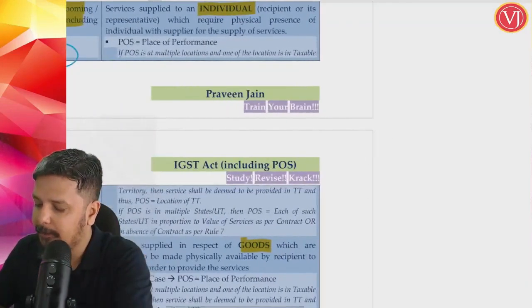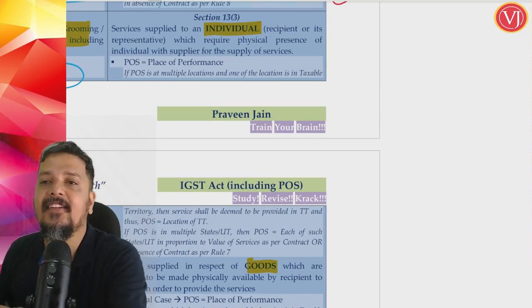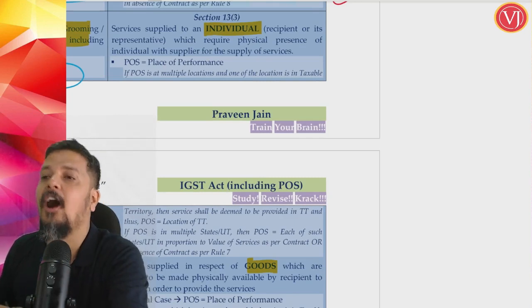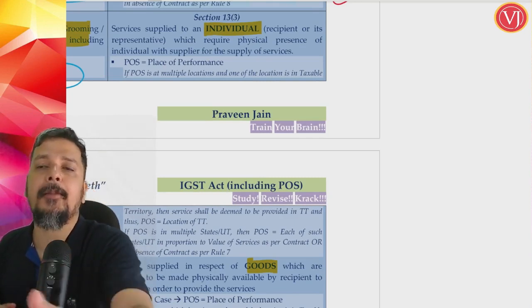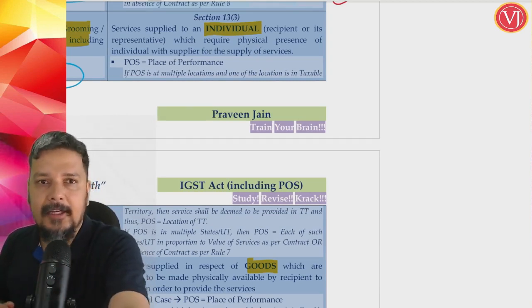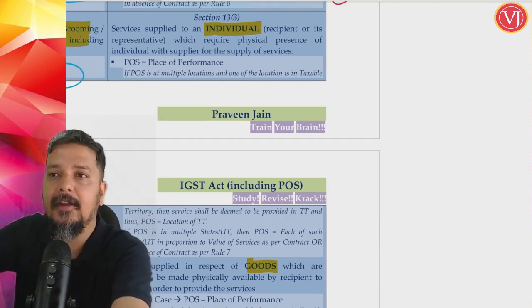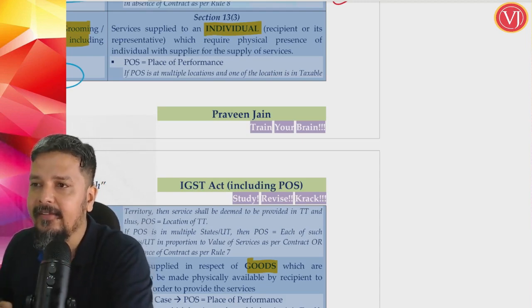They were split into two parts. Here there's only one part. If at all, services supplied to an individual, whether acting as recipient or a person on behalf of recipient. When I'm giving training to you and you are employees of, say, Reliance Limited, performance is on individual, but you are not the recipient. Recipient is Reliance Limited. You are acting on behalf of Reliance Limited.